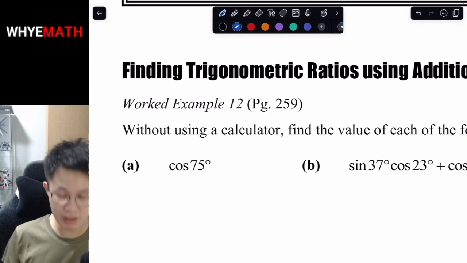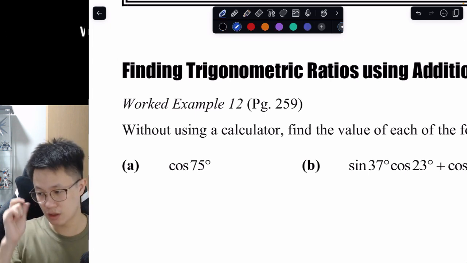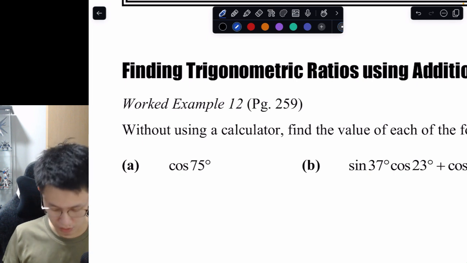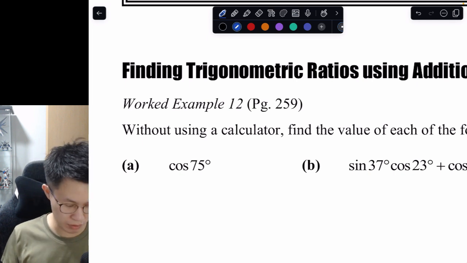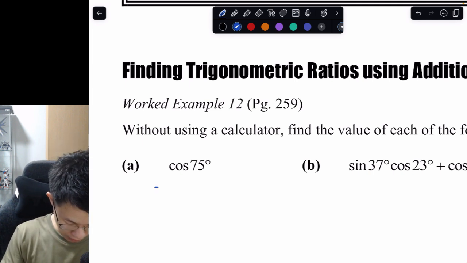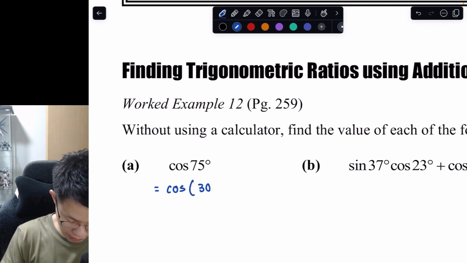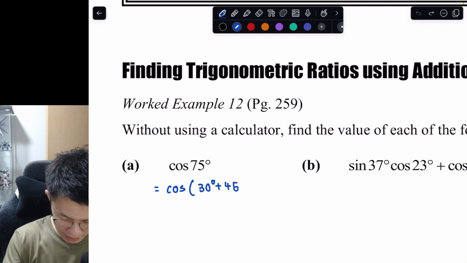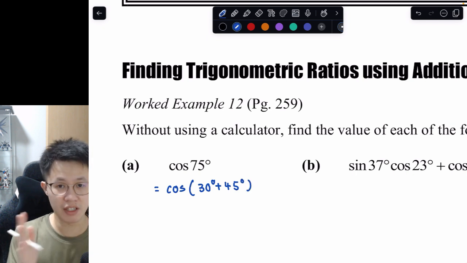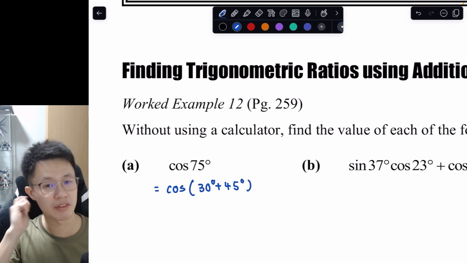Okay, so the first step is we have cosine 75 degrees. All angles you can use two angles to add up, right? So from here, I'm going to break this up to cosine of 30 degrees plus 45 degrees. I'm going to choose angles that are easy to find values for. So remember, we have our basic triangles, like 30 degrees, 45 degrees, and so on.